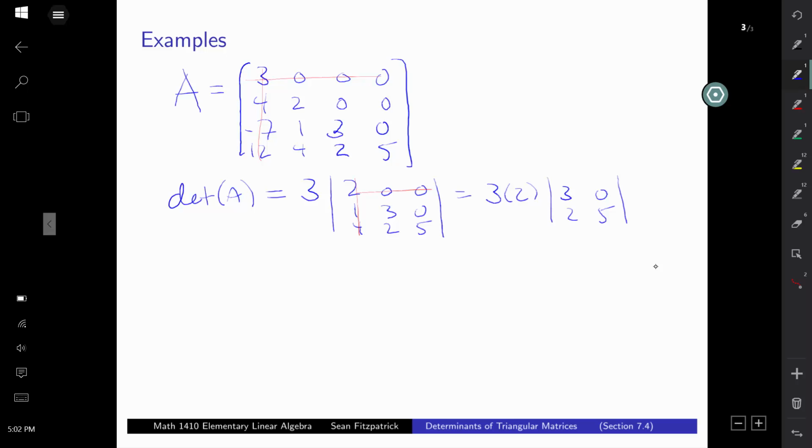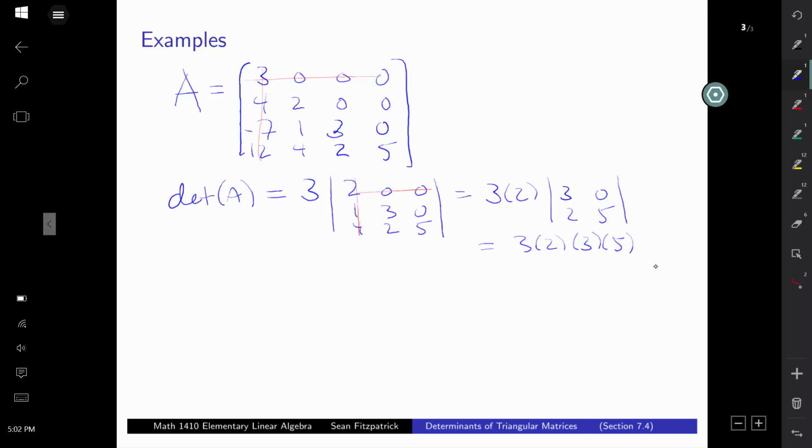We do 3 times 5 minus 0 times 2, so it's 3 times 2 times 3 times 5, which is just the product of the diagonal entries. We get this because we can expand along a row where all but one of the entries are 0. This is what makes it easy.